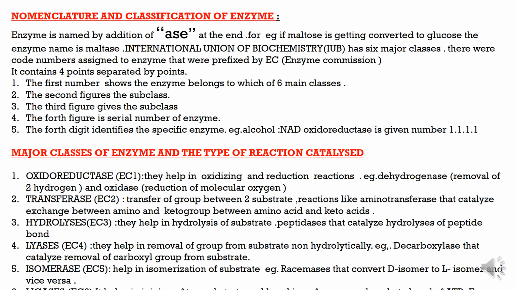They help in hydrolysis of substrate. Peptidase catalyzes hydrolysis of peptide bond. Lyase, EC4. They help in the removal of a group from the substrate non-hydrolytically. Example, decarboxylase that catalyzes the removal of carboxylic group from the substrate. Isomerase helps in the isomerization of substrate. Example, racemase that converts D isomers to L isomers and vice versa. Ligase is EC6.